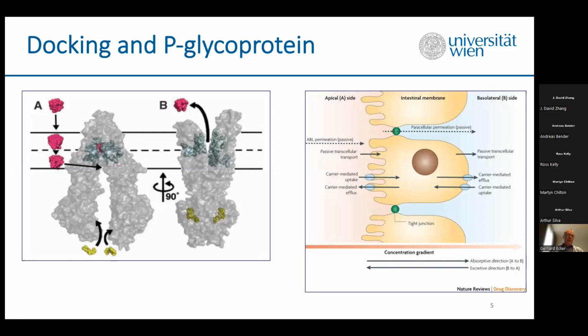And when we started working on P-glycoprotein, one of the main challenges was that it's polyspecific. You don't have a classical binding site, you have a binding zone of about 8,000 cubic angstrom. So doing structure-based design here is quite challenging, because when you dock compounds in, you get hundreds of poses which, according to their scoring value, would all seem reliable.